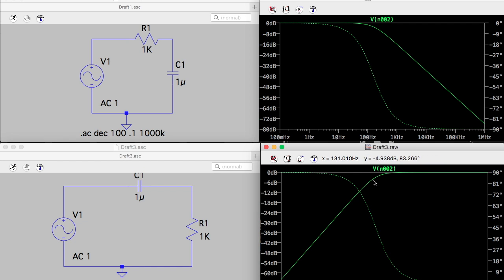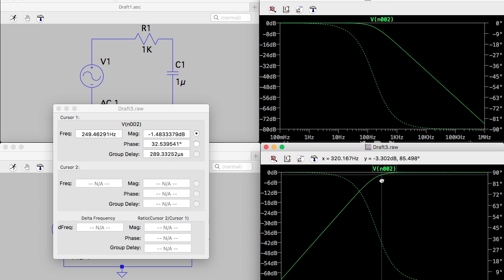And then again, that omega is going to occur at -3 decibels, and we would expect an opposite but equal phase shift of 45 degrees. And then at high frequencies, we see our phase shift go to 0, and that our output magnitude is equal to our input.